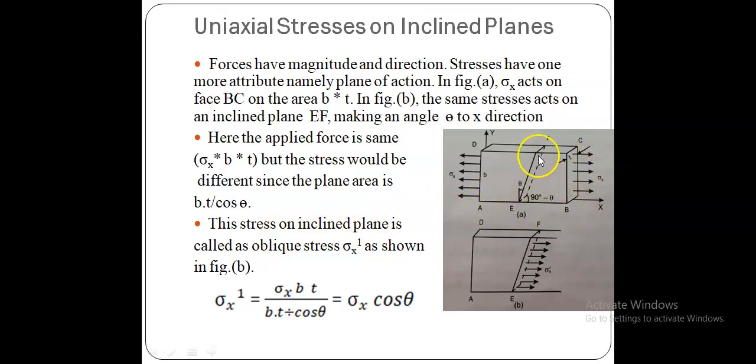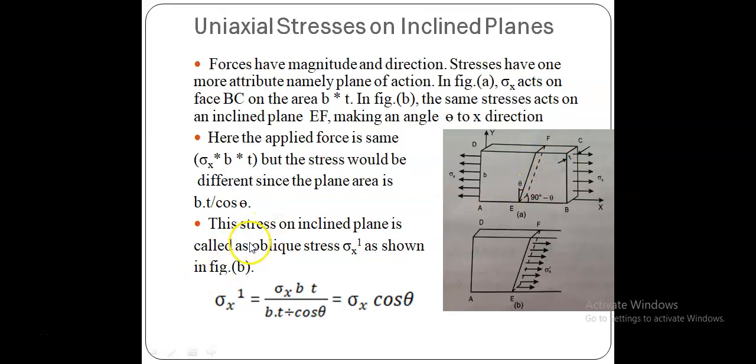This dimension is not b, it is b by cos theta, whereas in the other plane this dimension is b. So the area of the inclined plane is b by cos theta into t.